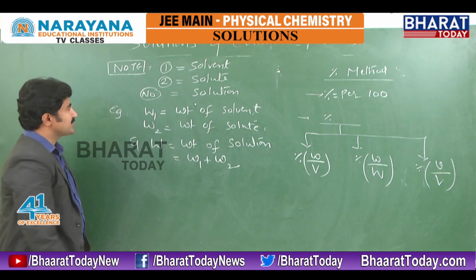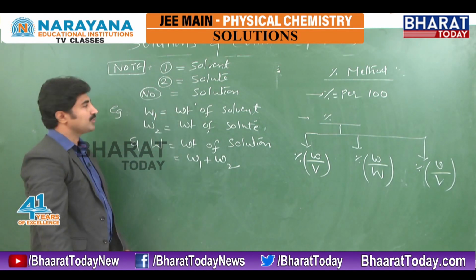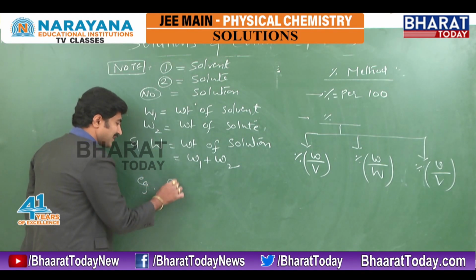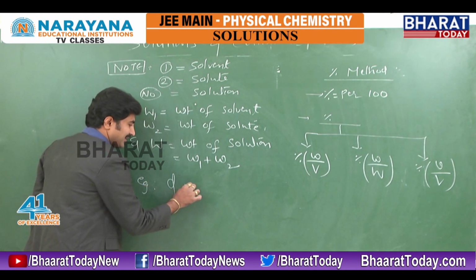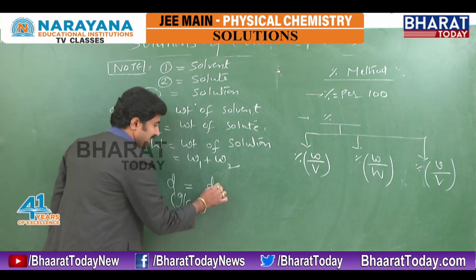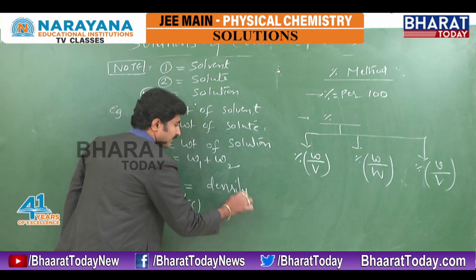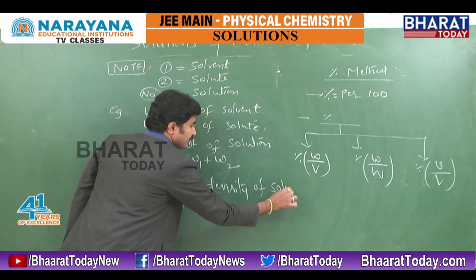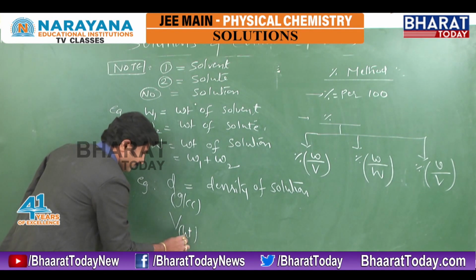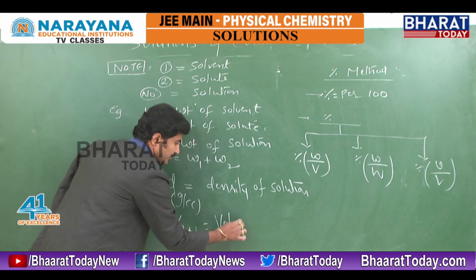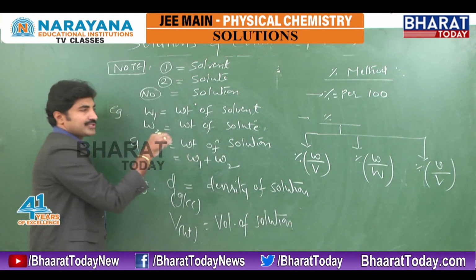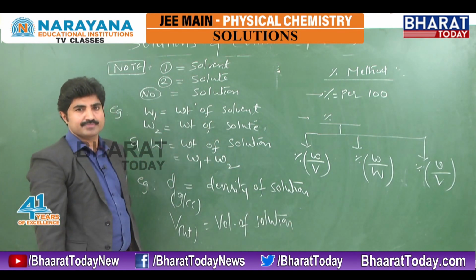So I am using 1 for solvent, 2 for solute, and no denotation for solution. See one more example: suppose I give density D in gram per cc. Here there is no denotation, so it is the density of the solution. If I give V in liters, this is the volume of the solution in liters. These denotations will be used in the concentration methods.